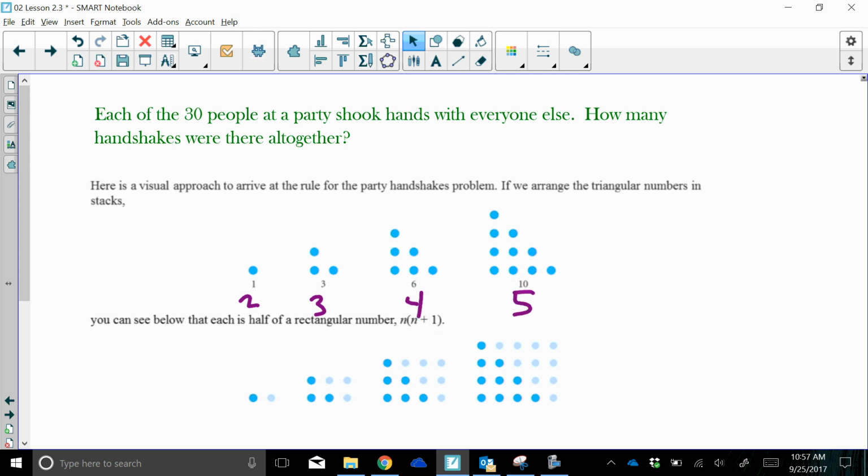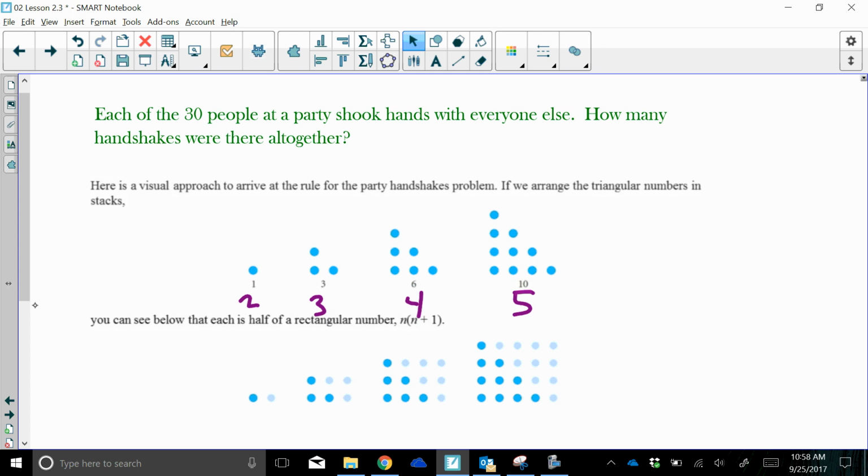So if there are 2 people, there would be 1 handshake, right? Each person would shake hands 1 time. If there are 3 people, then there would be 3 handshakes. If there are 4 people, there will be 6 handshakes, and if there are 5 people, there will be 10 handshakes.